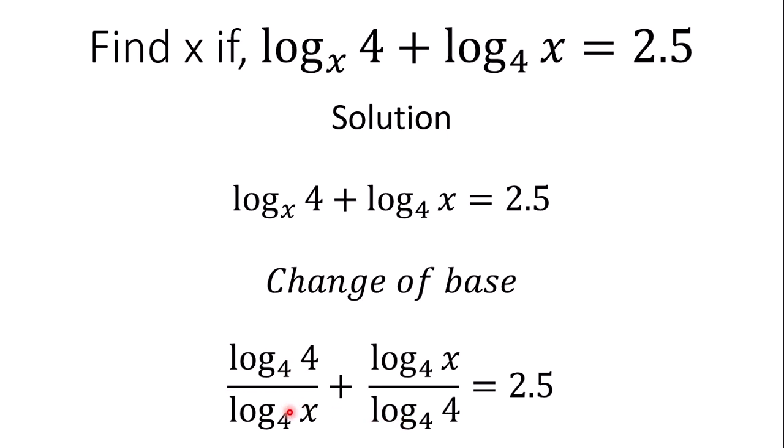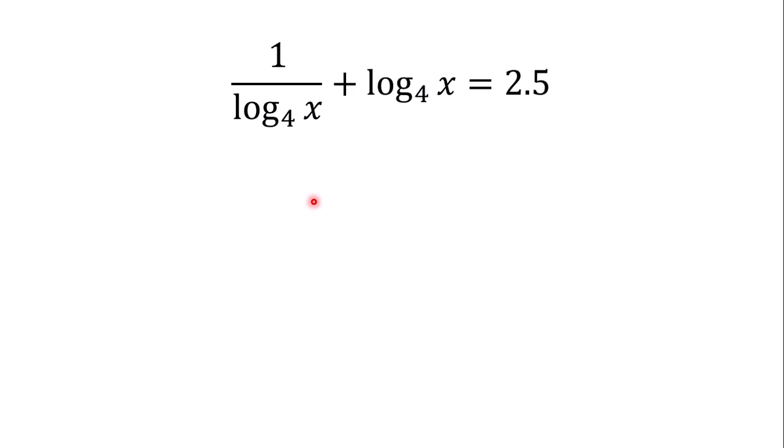But this one, we'll just leave it as it is. Good. Here is 1 over log of x to the base of 4 plus log of x to the base of 4, which is equal to 2.5.